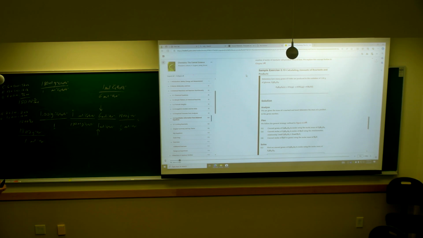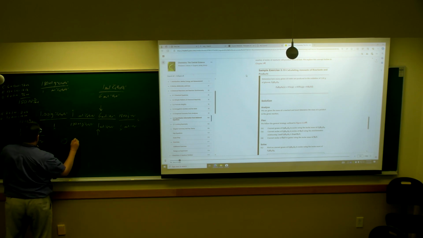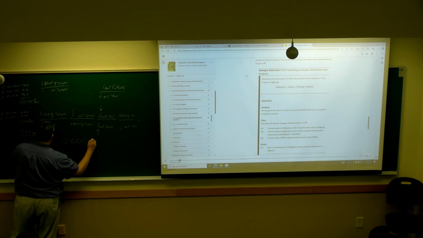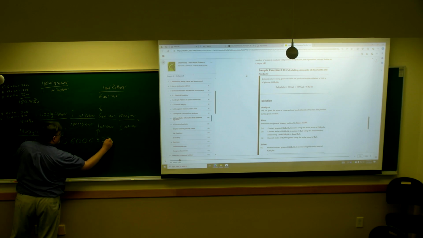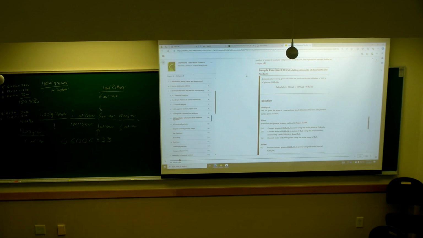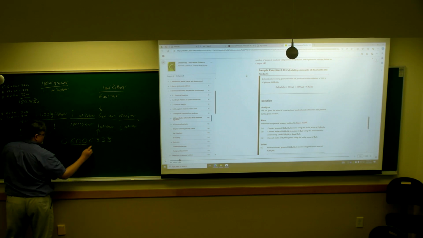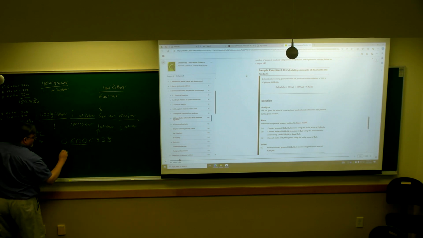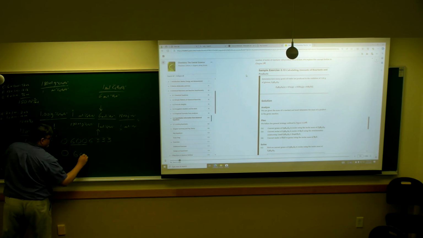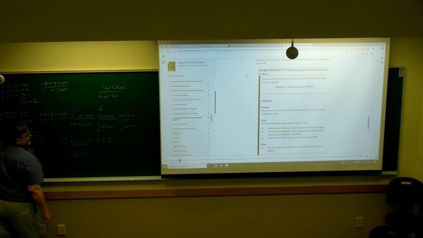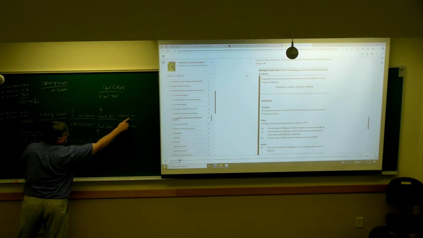6 times 18.02 divided by 180.01. So my calculator says that's what my calculator gives me. If it's going to be 3 significant figures, then it's going to be these digits. The 6 rounds the 0 up. And the units are going to be grams of H2O.